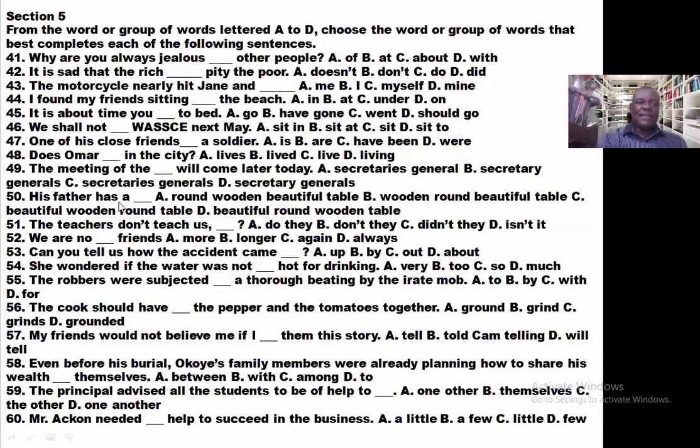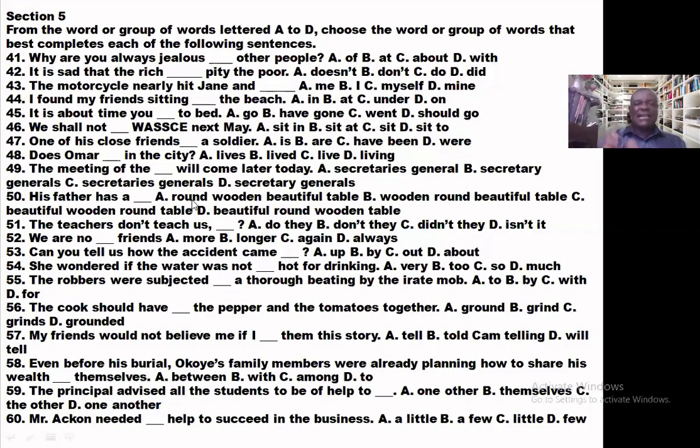50, his father has a dash. So here we are looking at what we call the adjectives word order. When you have two or more adjectives used within a noun phrase, then there is a rule for knowing which adjective should come first.